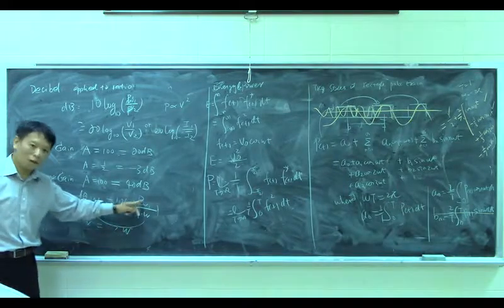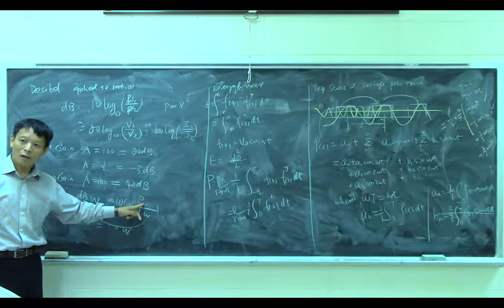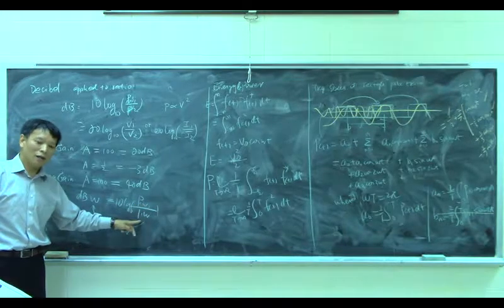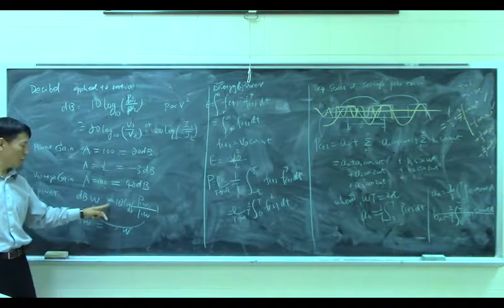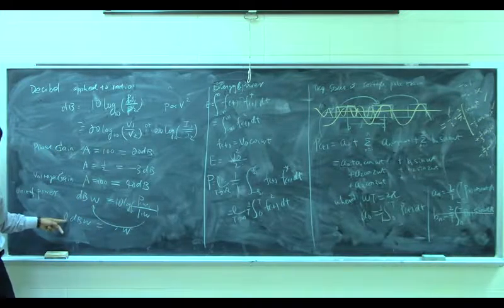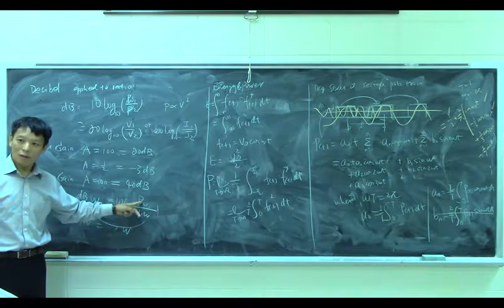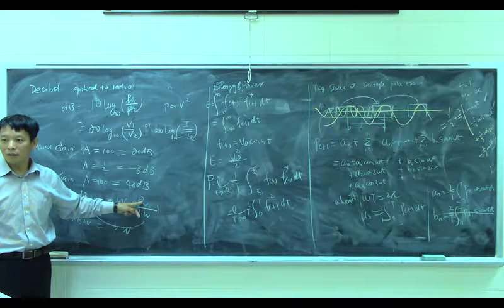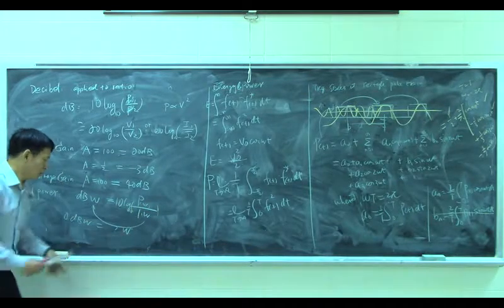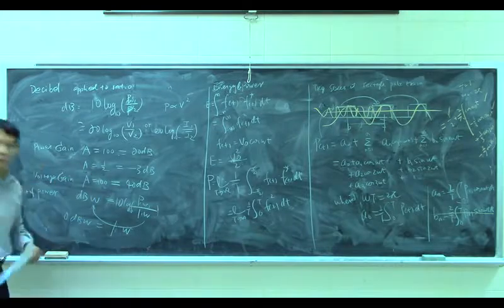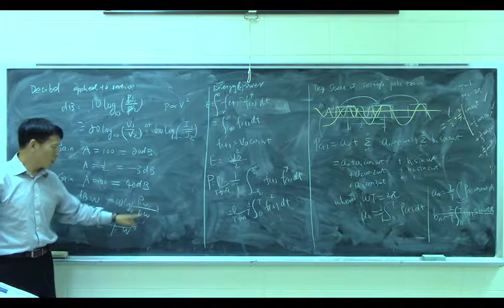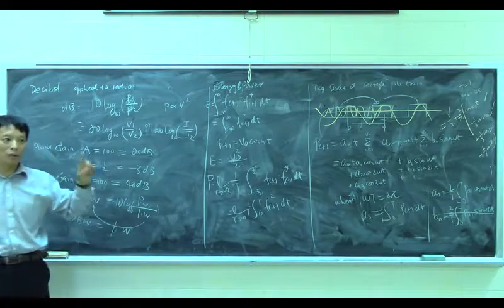So what is this one here? This thing divided by 1, take the log times 10, equals 0. This ratio equals 1, right? So this one equals 1 watt. Suppose your power equals 1 watt. 1 watt divided by 1 watt, that ratio gives you 1.